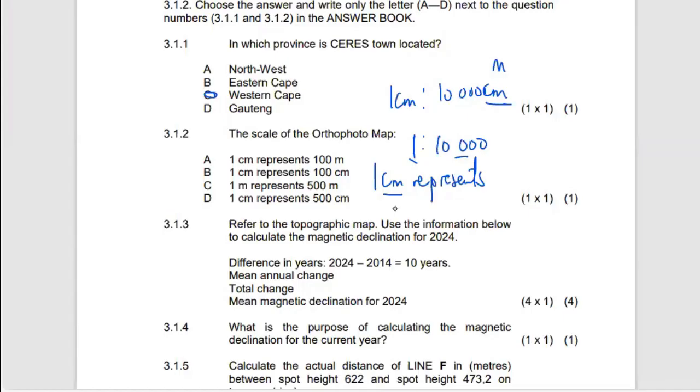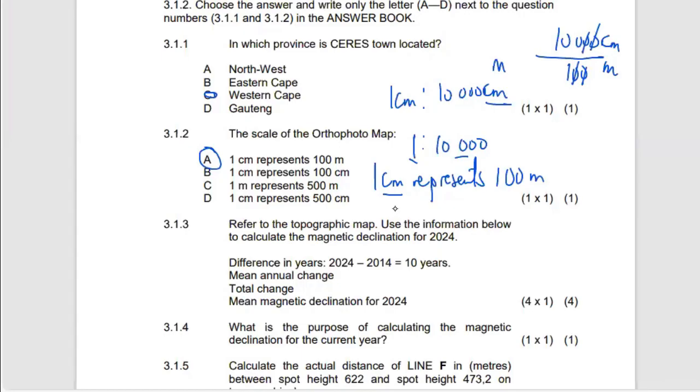For us to change 10,000 centimeters into meters, we have to divide by the number of centimeters in a meter. A meter has got 100 centimeters. So we divide by 100, which gives us 1 centimeter represents 100 meters. So using that, our response is A.